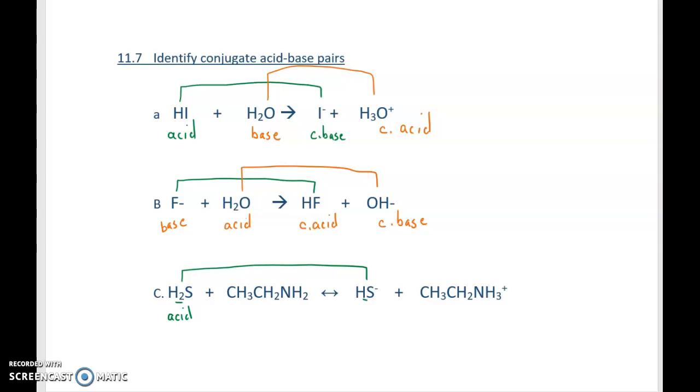We can look at this other compound, change colors. The only difference here is that here we have 2 hydrogens, and here we've got 3 hydrogens. So this has gained a hydrogen, so it must be the base.